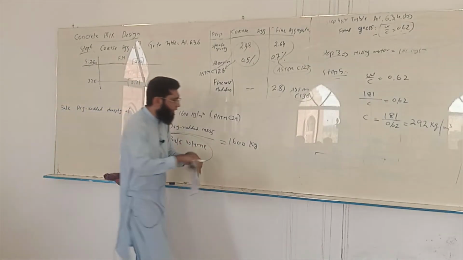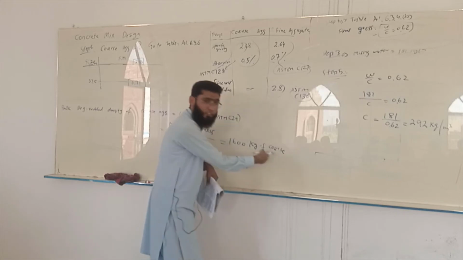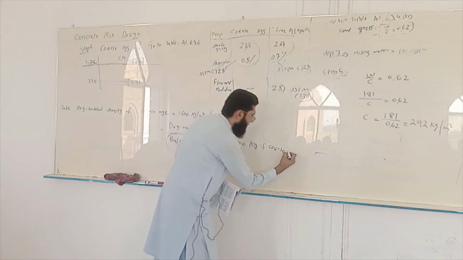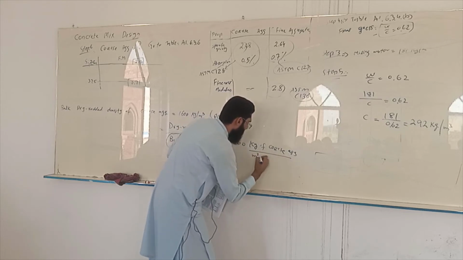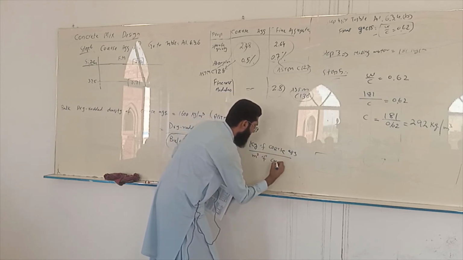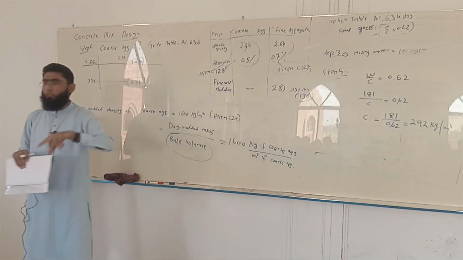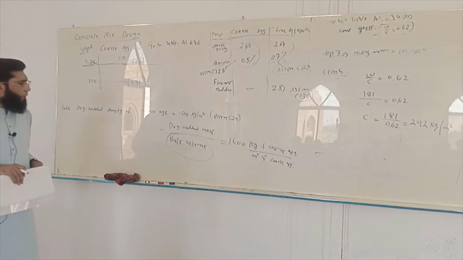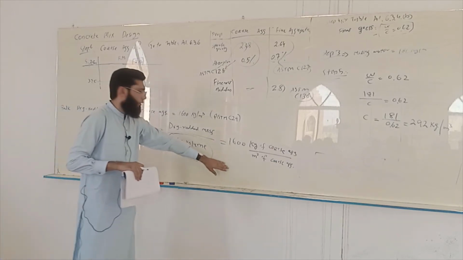So let me make it more clear. 1600 kgs of coarse aggregate per meter cube of coarse aggregate. It makes the sentence long, but I want to make it clear. And we know the condition, dry and rodded, and the meter cube is the bulk volume.